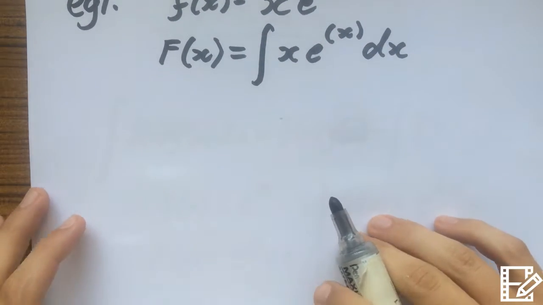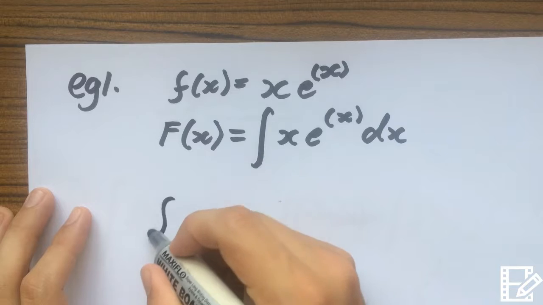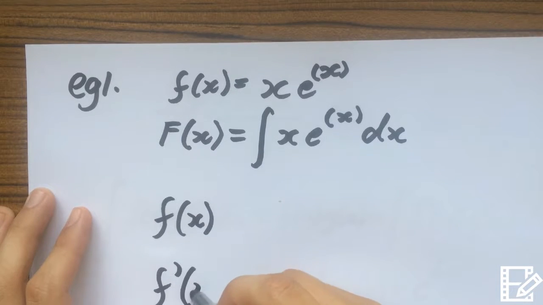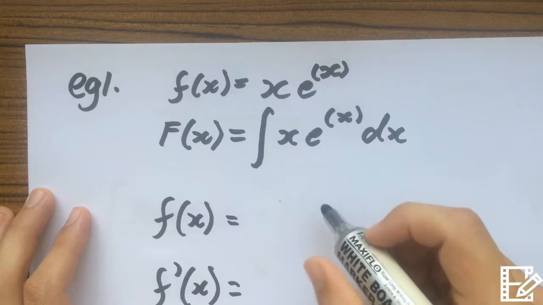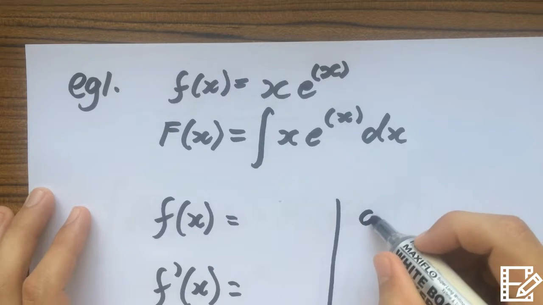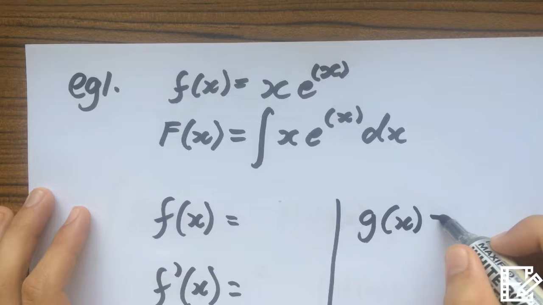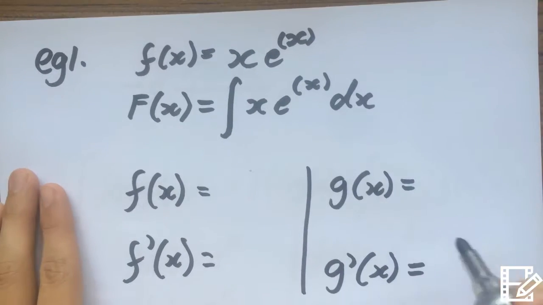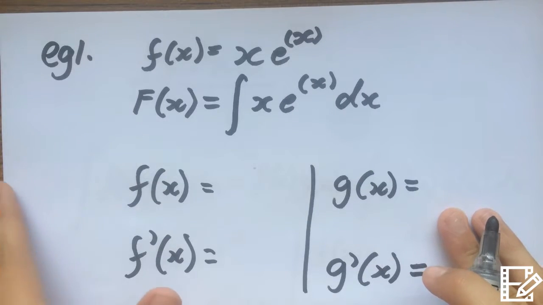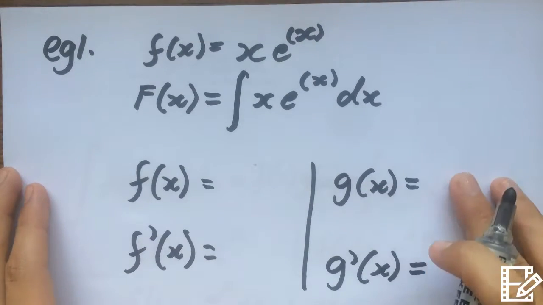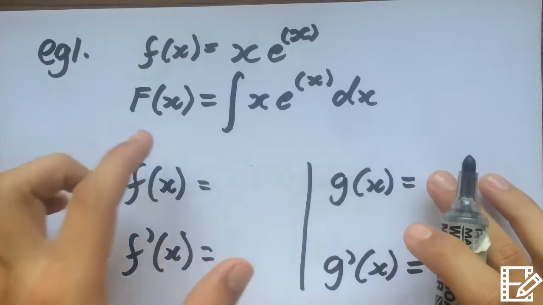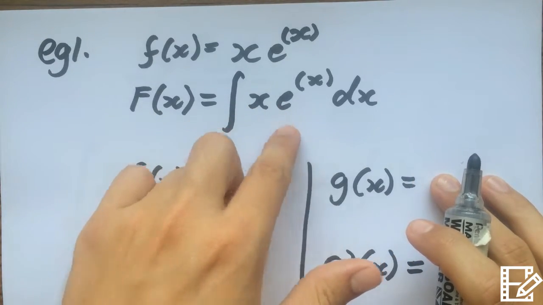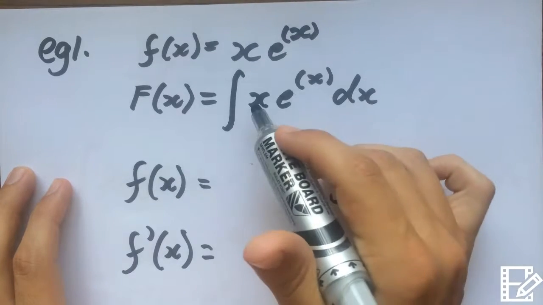Okay, that might have confused you a bit, but essentially we need an f(x), an f'(x), a g(x), and a g'(x). These are what we need to solve this question. So we've got to label one of these as f(x) and one of these as g'(x). Let's say x.